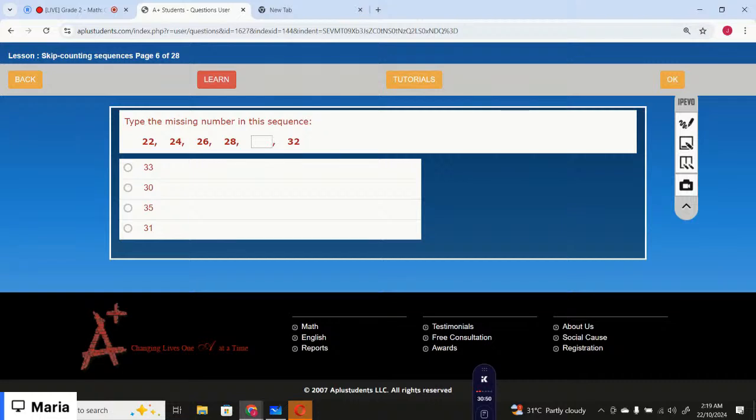Type the missing number in the sequence: 22, 24, 26, 28, the missing number, and 32. So which number is missing?